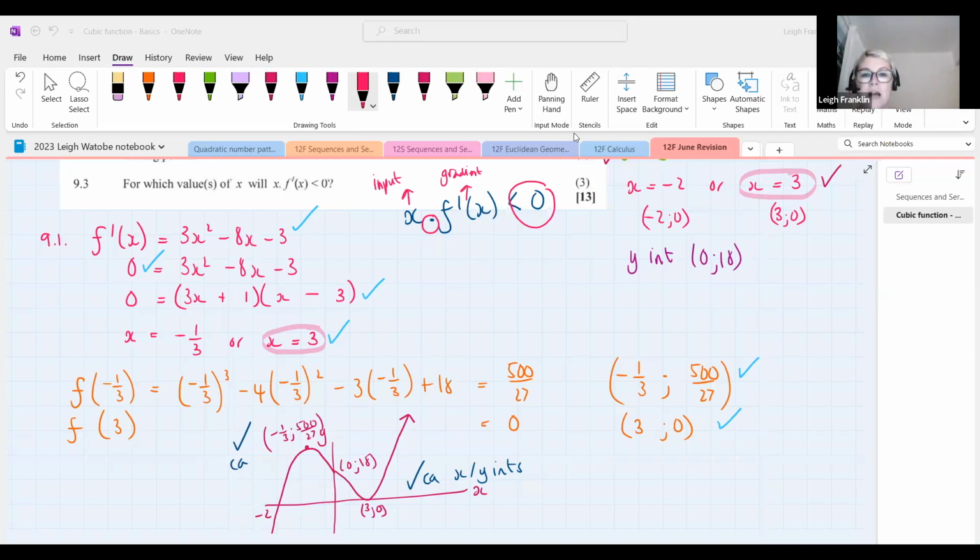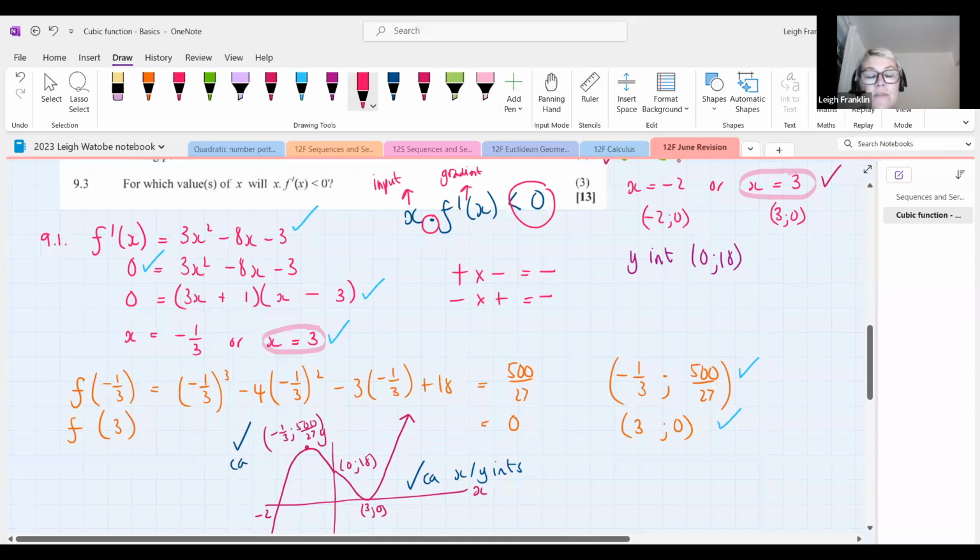So a positive times a negative is a negative. Exactly. Or a negative times a positive gives us a negative. So what they want us to consider is where x is positive but the gradient is negative. So the two need to be on opposite sides.